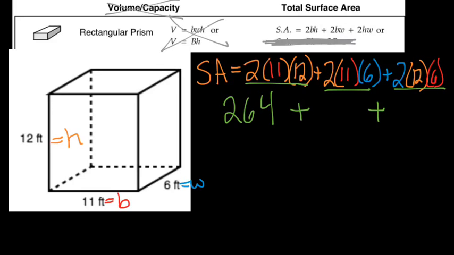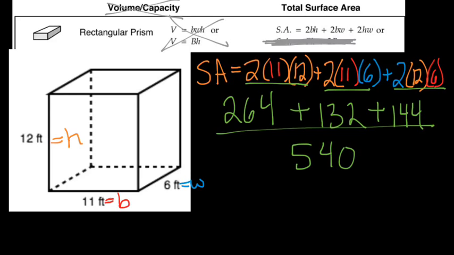And then 2 times 11 times 6 is 132. And then 2 times 12 times 6, which is 144. Alright, and we add these 3 up, 144 plus 132 plus 264 is 540.